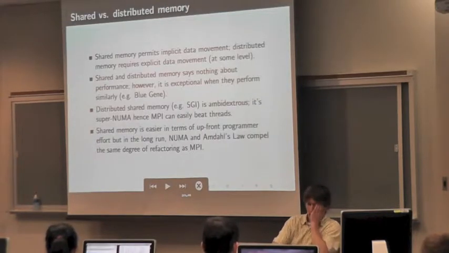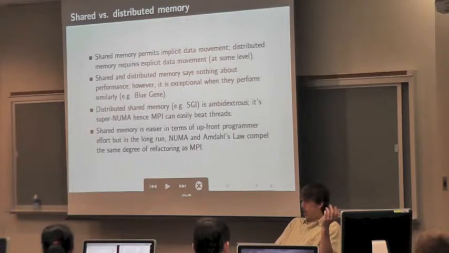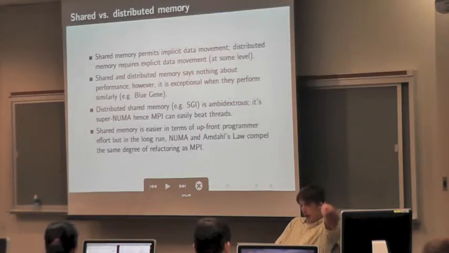So the differences are pretty striking in terms of programmability. Shared memory allows you to move data implicitly. If you say A equals B, data is going to move around all over the place in your hardware, and you're not really saying anything about it, at least not explicitly, unless you do assembly.